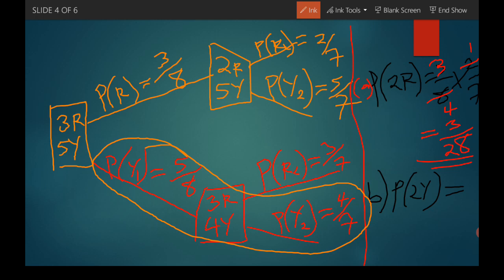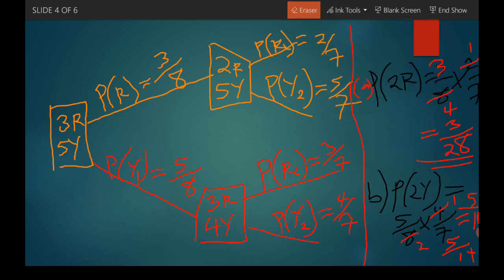So the first probability is 5 out of 8, times the second probability is 4 out of 7. Of course, when you simplify this, by 4, 1, by 4, 2, our answer will be equal to 5 out of 2 times 7, that is 14. So it will be 5 out of 14, and that is our part B.